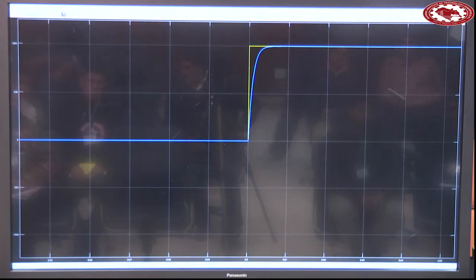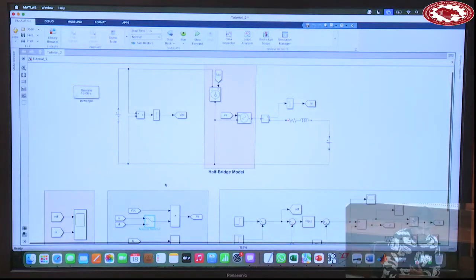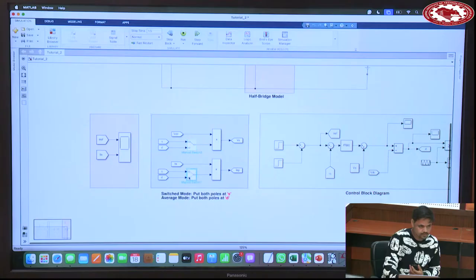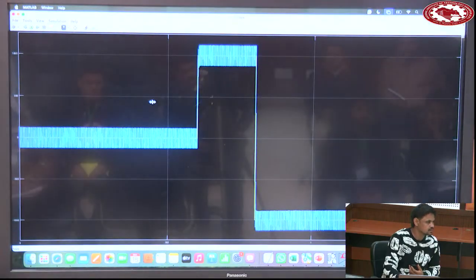And now if I choose the switched model, then I will click on switched model and I will run it. This is the switched model. Correct?